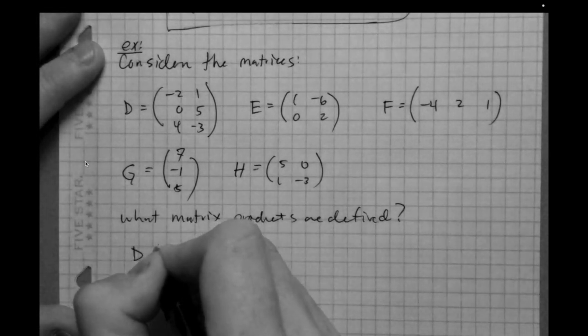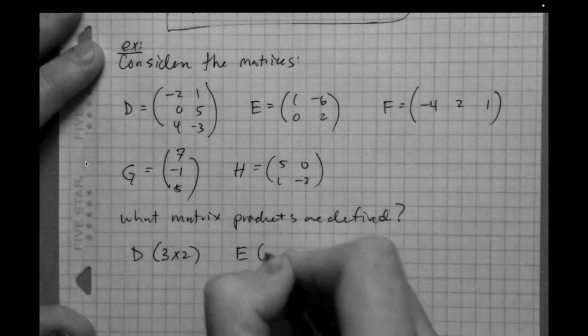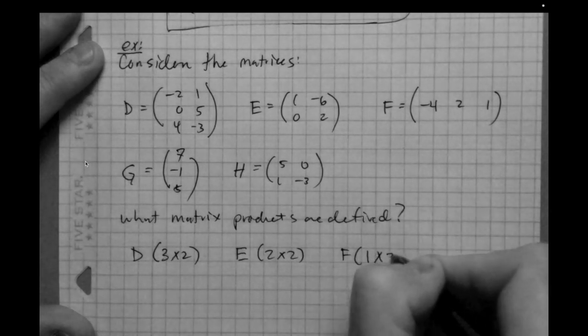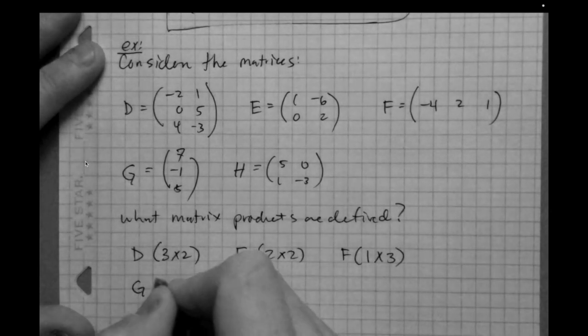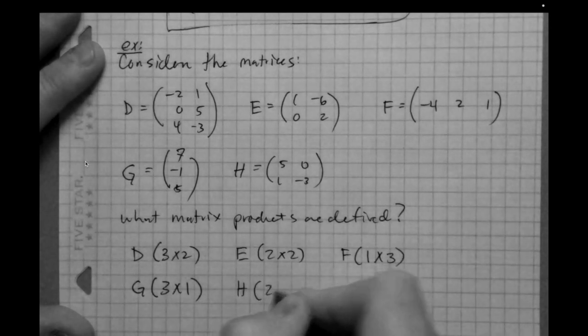So D is 3 by 2. E is 2 by 2. F is 1 by 3. G is 3 by 1. And H is 2 by 2.